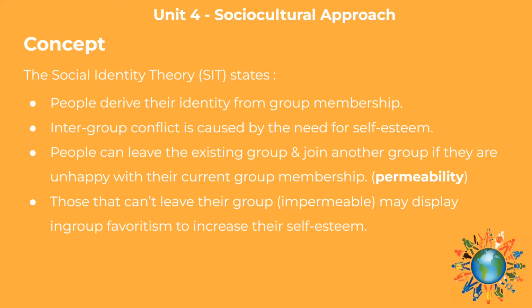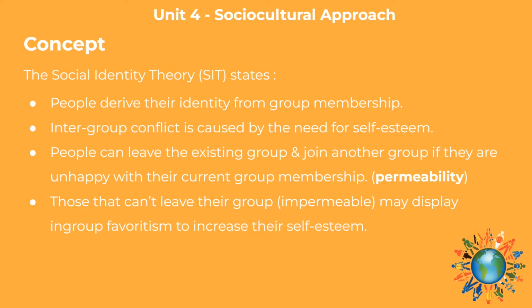And intergroup conflict is also caused by the need for self-esteem. So whenever people fight or get involved in conflicts, this is because they want to make themselves better than others, because they need the self-esteem.